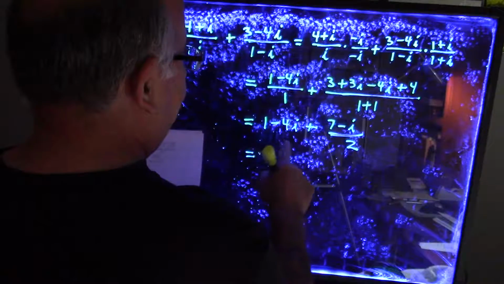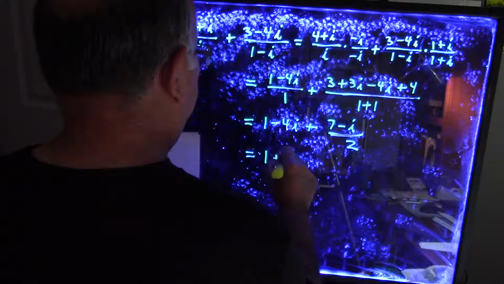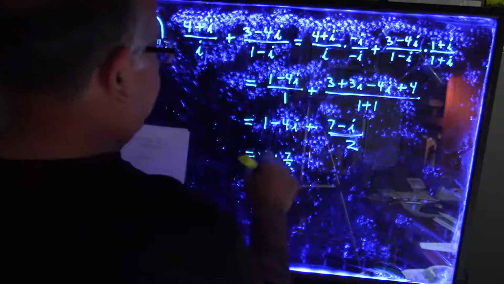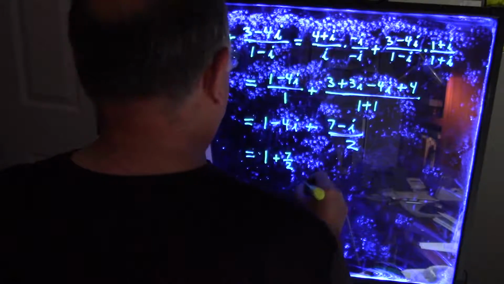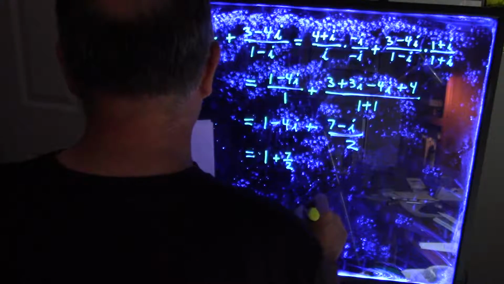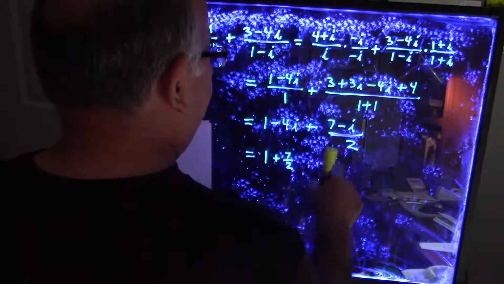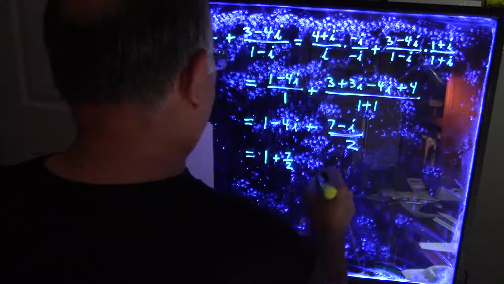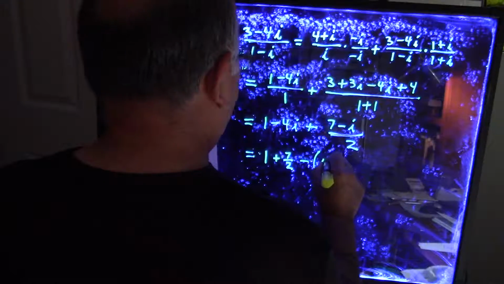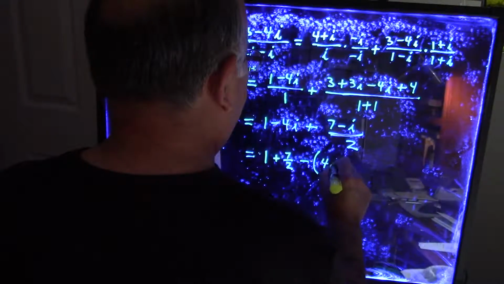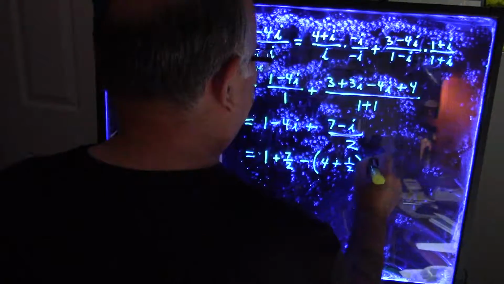So you're going to have 1 plus 7 halves, the real part. Just adding the real parts here, 1 and 7 halves. And then the imaginary parts, you can write negative 4i and a negative 1 half i, or put a minus and then parentheses 4 plus 1 half, i.